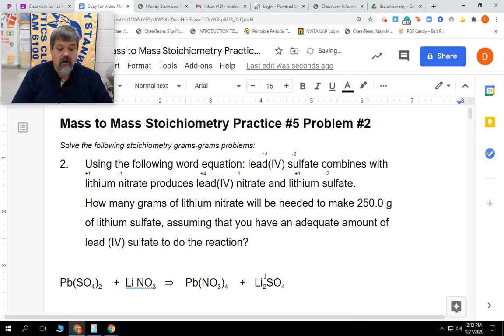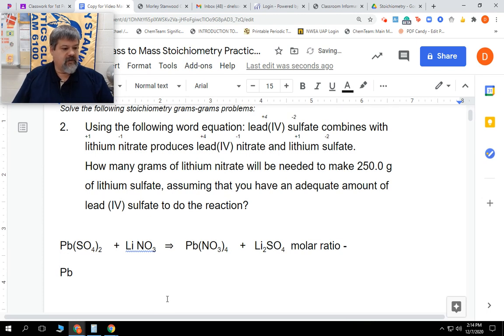So what are we going to do next? Well, we have to figure out our molar ratio. Our molar ratio is actually all the coefficients. So what do we need to do? We need to balance. If I have a polyatomic ion on each side, we're going to keep it together. I do with sulfate and nitrate, so we're going to keep those together. So we're going to have lead, Pb, and I'm going to drop that down.